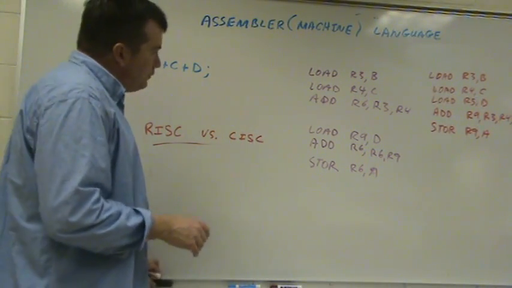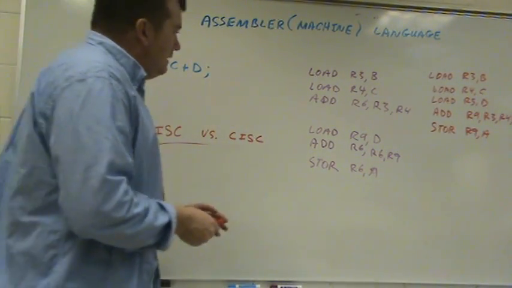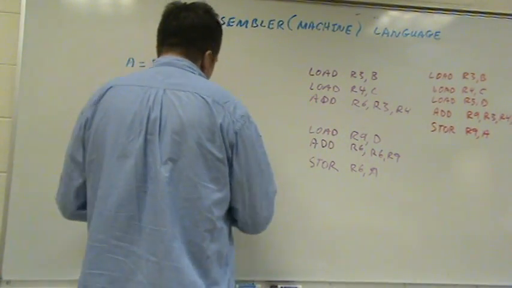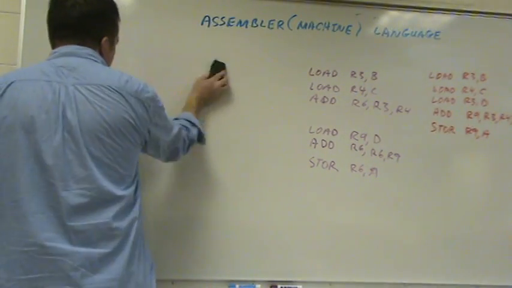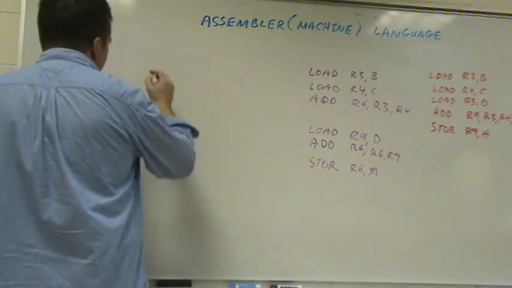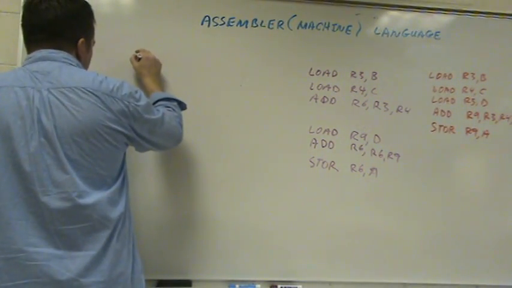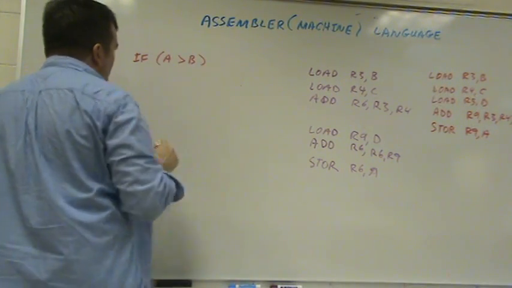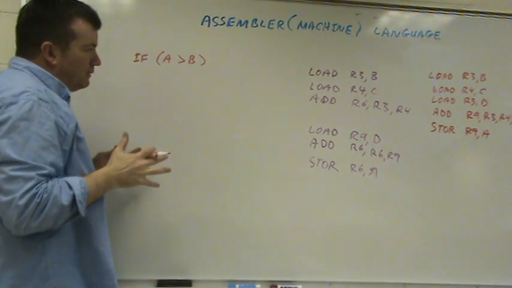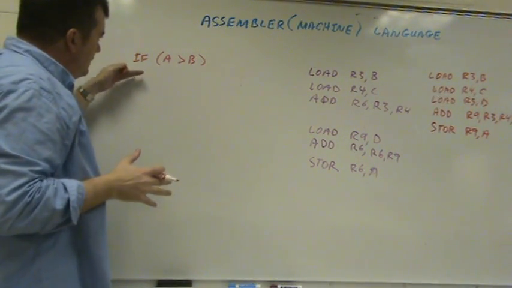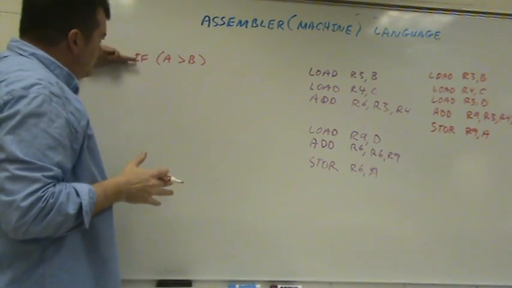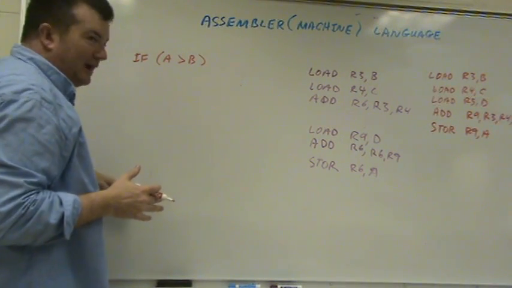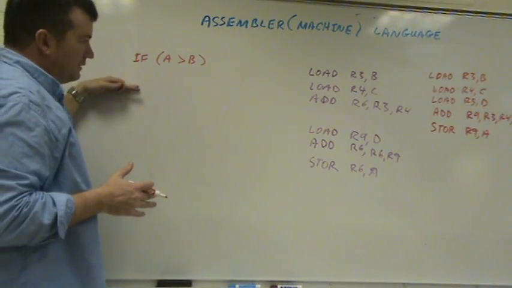Okay, so then the step we were talking about before: we wanted to be able to do branching logic. So if A is greater than B, we want to ask ourselves, can we come up with a piece of hardware that can say, if a condition is true, the next instruction should be down here, not the following instruction?